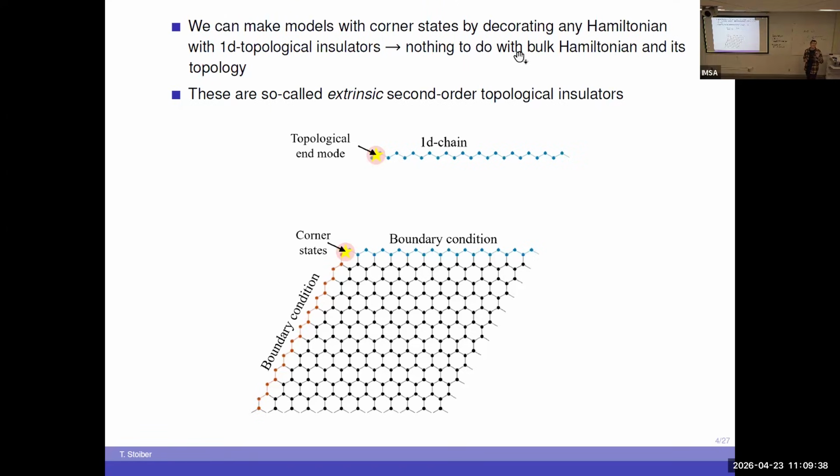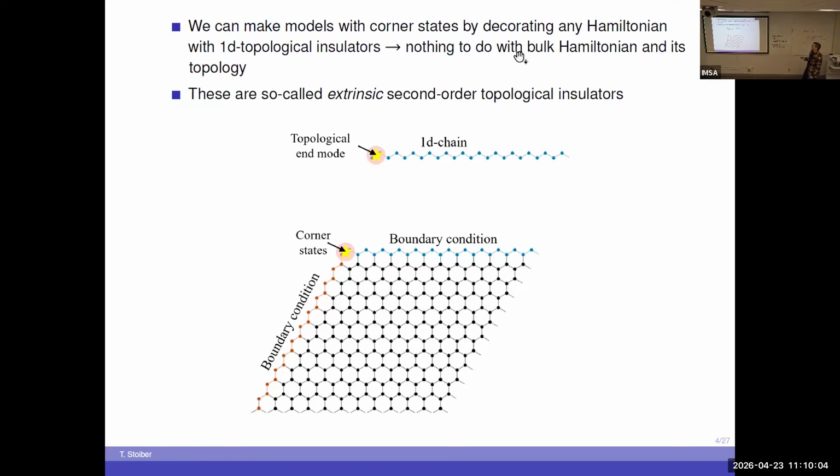Unless you close the gap at the surface, you cannot remove this corner state. But I thought you're adding insulator layers on top. Right, so at the surface there's still a gap, but it's only when you cut a corner that you close it.